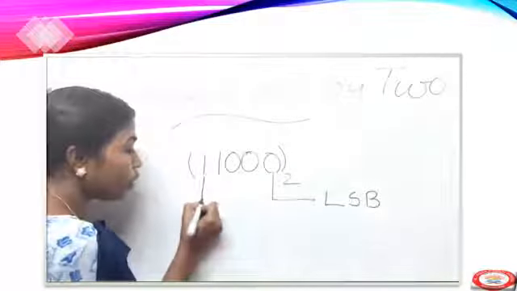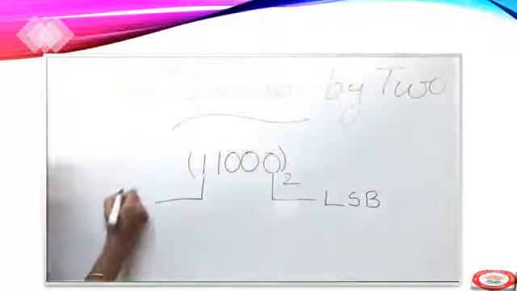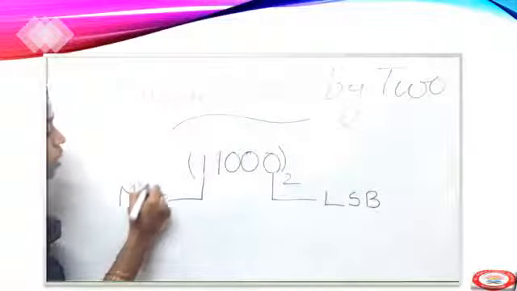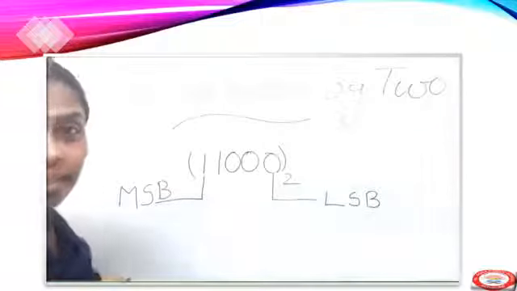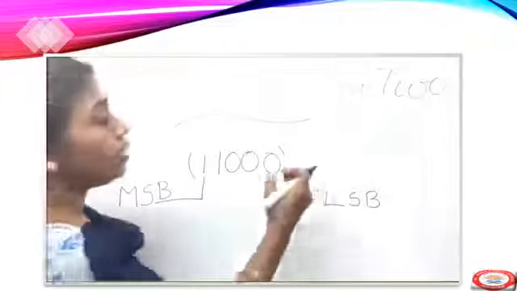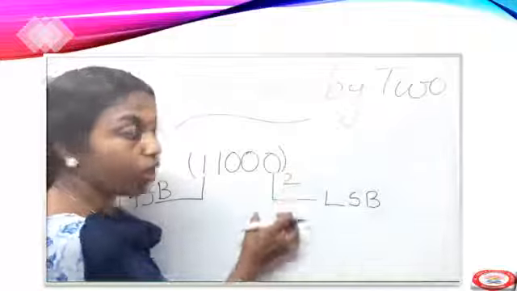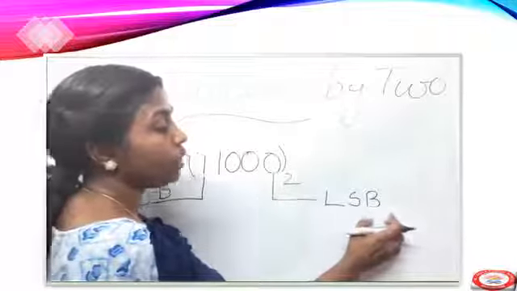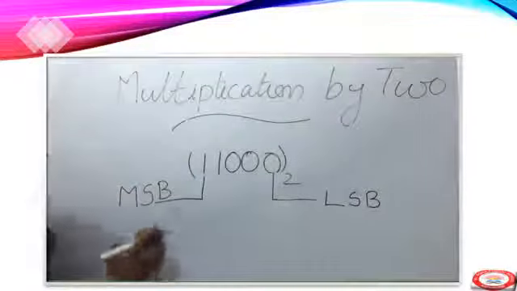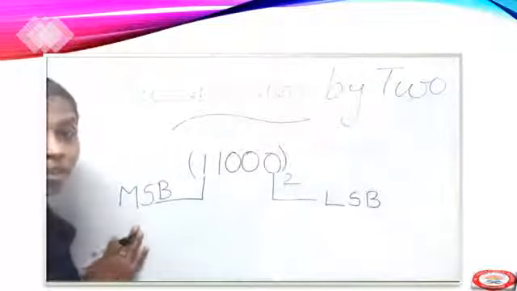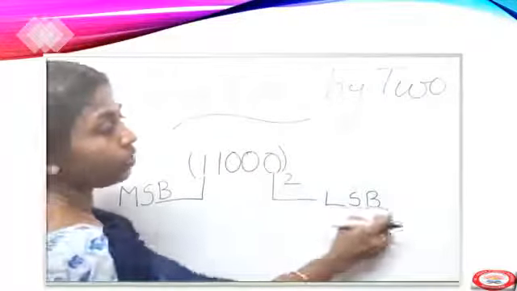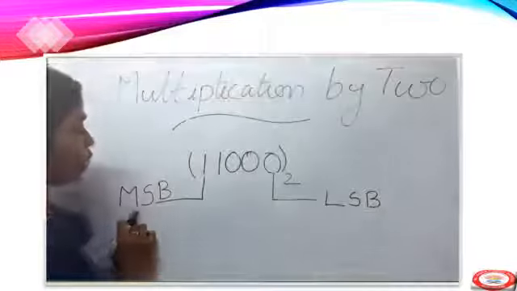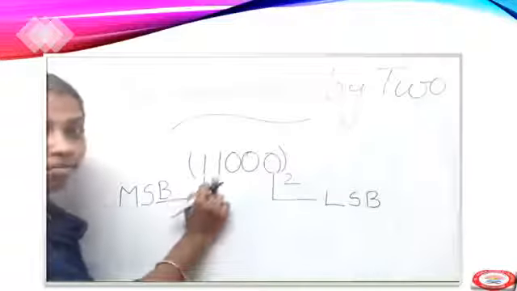This leftmost bit is known as the most significant bit. Clear? The rightmost bit is known as the least significant bit and leftmost bit is known as the most significant bit. Here least significant bit is 0 and most significant bit is 1.